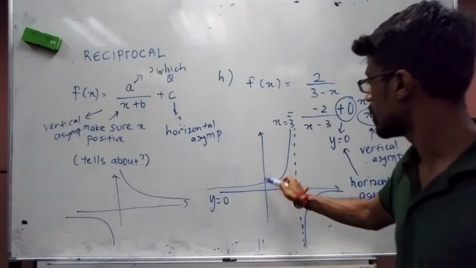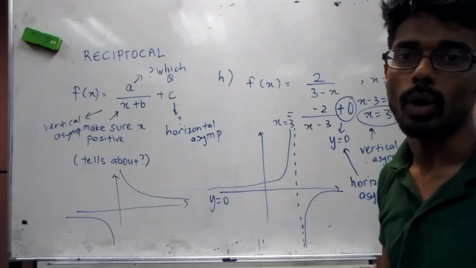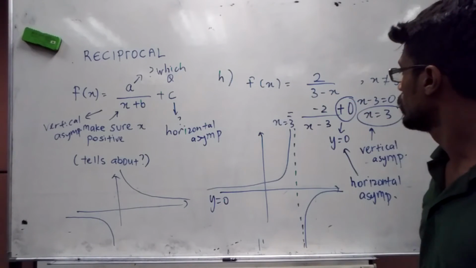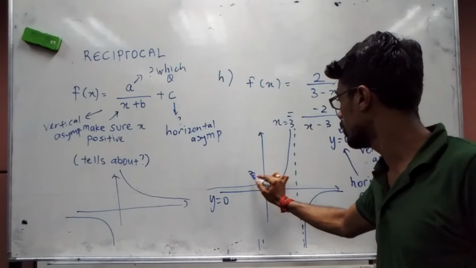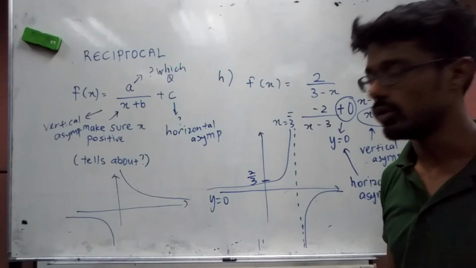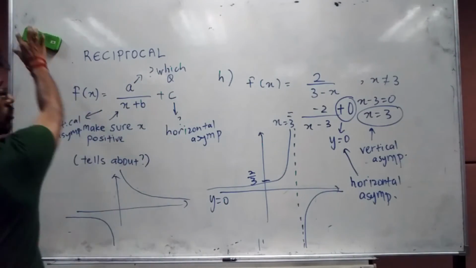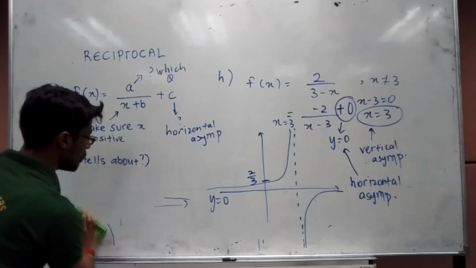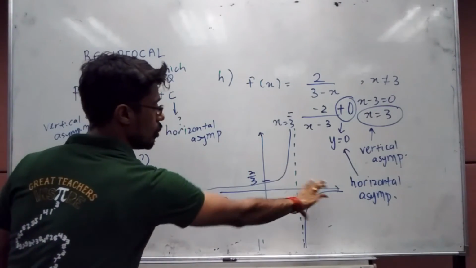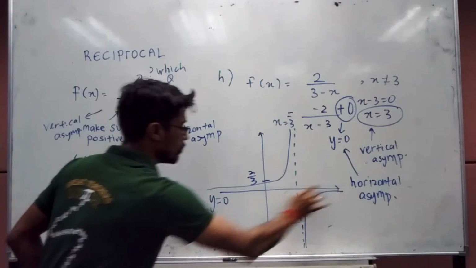As you can see here, we've got our y-intercept. It is always good that you go and find your y-intercept. The y-intercept is when x equals 0, so put 0 there. It's going to be 2 over 3. For completeness, it is always good that you go and find your domain and range. You have to remember to see the domain separately, because here I've got one function and here I've got another function.